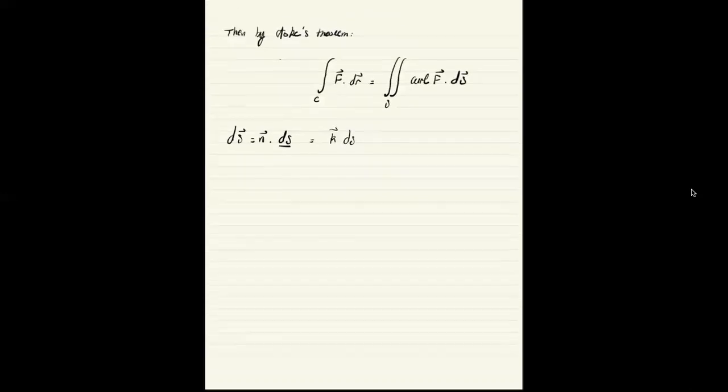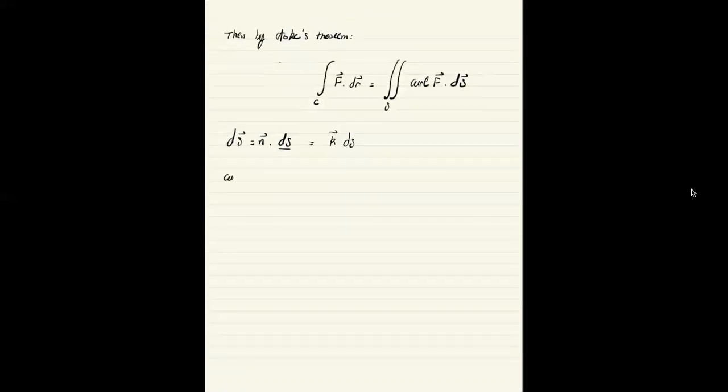Okay? Now what is the curl? Now the curl, you just compute it. It's i, j, k, del x, del y, del z, P, Q, 0, right? You do the calculation and it'll give you what it'll give you.